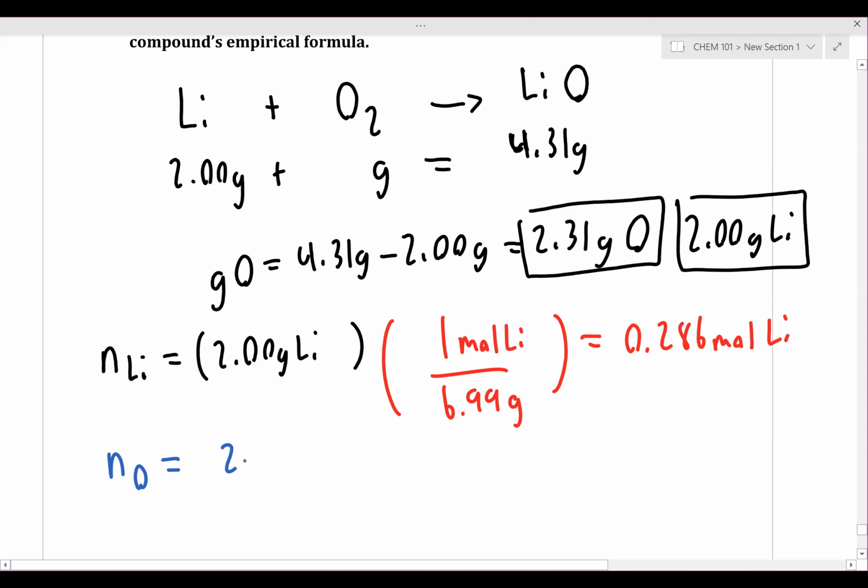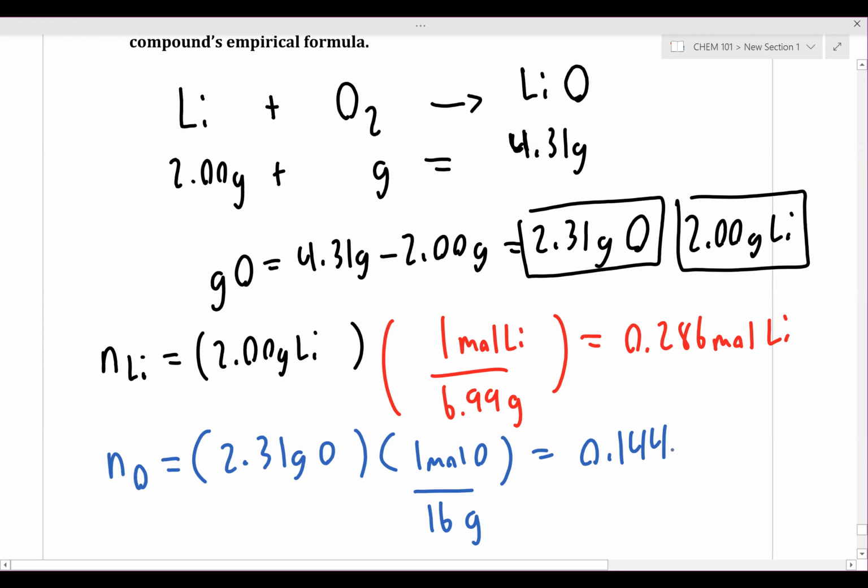So we have 2.31 grams of oxygen, and in 1 mole of oxygen, we have how many grams? What is oxygen's molar mass? 16. So 2.31 divided by 16 gives us 0.144 moles of oxygen. Wonderful.